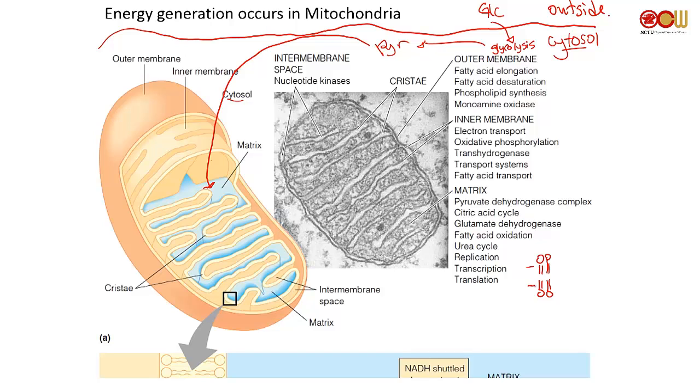That's what we call a lipid bilayer. Every lipid bilayer makes a membrane, and for mitochondria, or in general for E. coli, for example, you have two membranes.